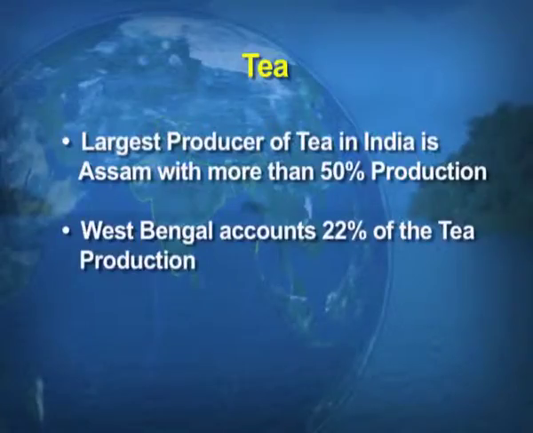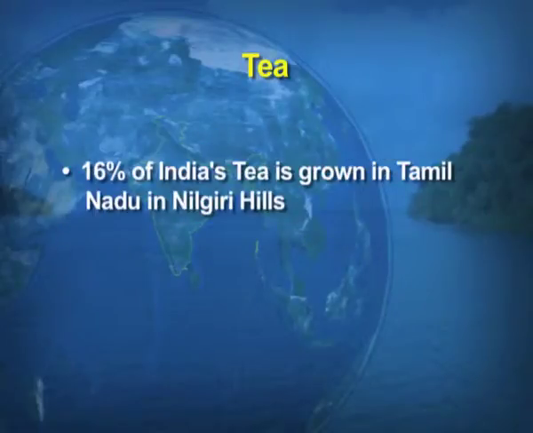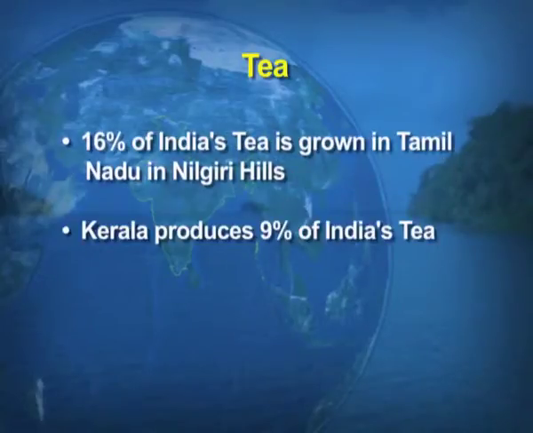As we have just discussed, the plantation of tea started from Assam itself. The next largest producer is West Bengal, which accounts for 22% of the tea production, followed by the Nilgiri hills of Tamil Nadu with 16% of the production, and Kerala also produces 9% of India's total tea production.